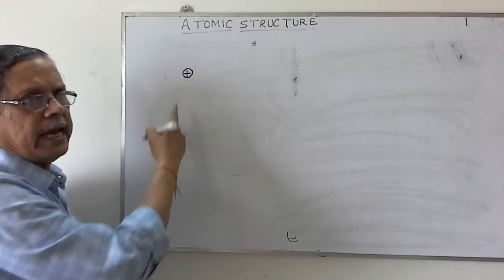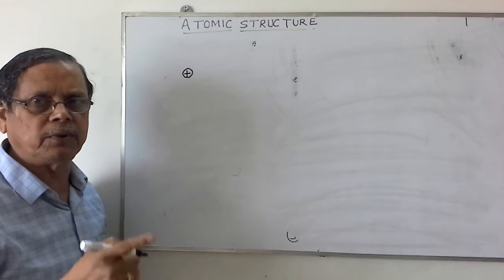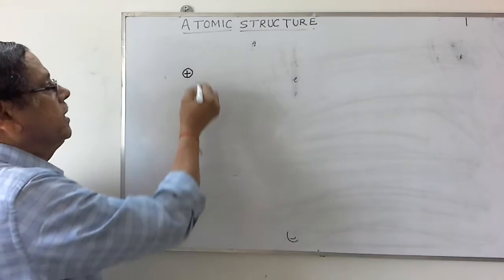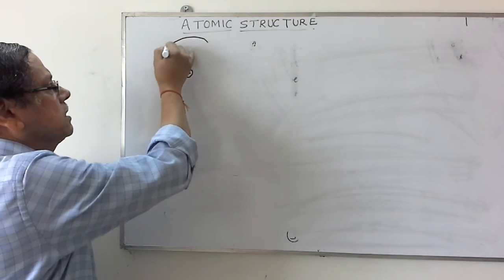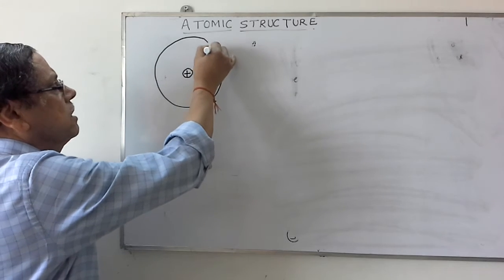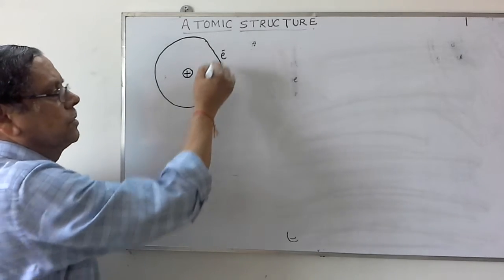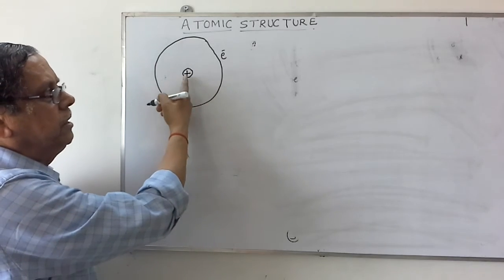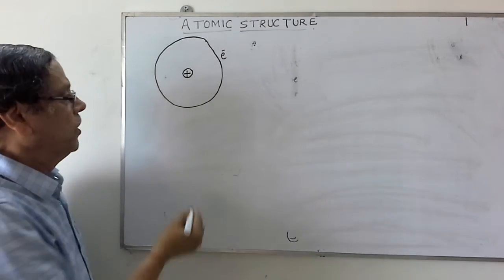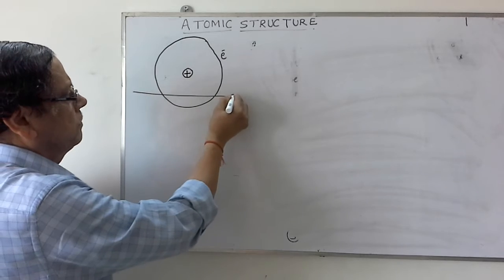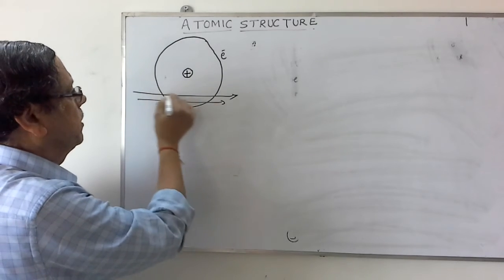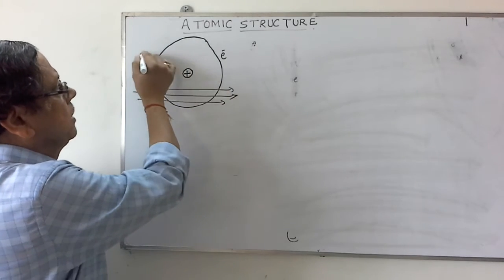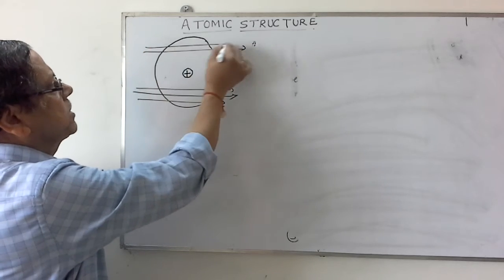So this nucleus carries positively charged protons as well as the neutrons. And at a certain distance, in a circular path, the electrons are revolving around the nucleus. Since there is a large empty space available between the nucleus and the electrons, when these alpha rays come in any of these paths, they will be passing through without any deflection.